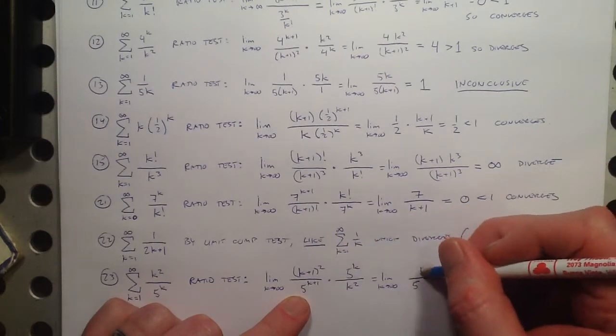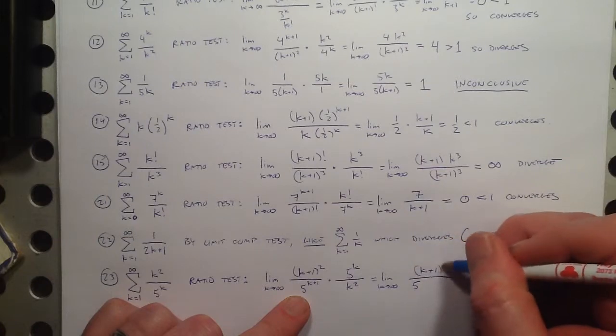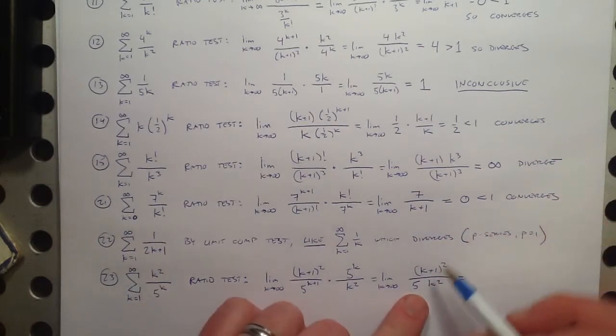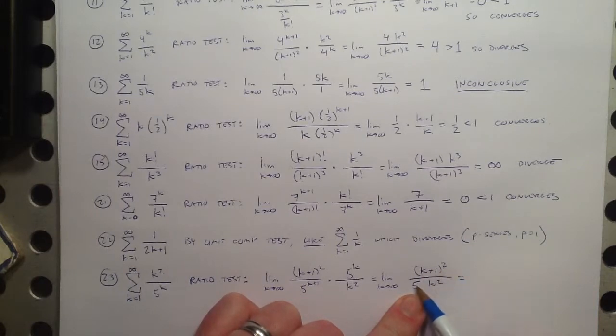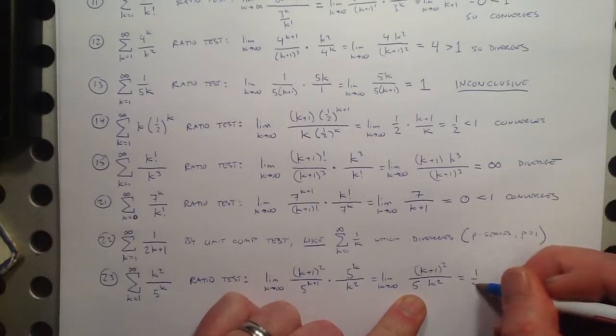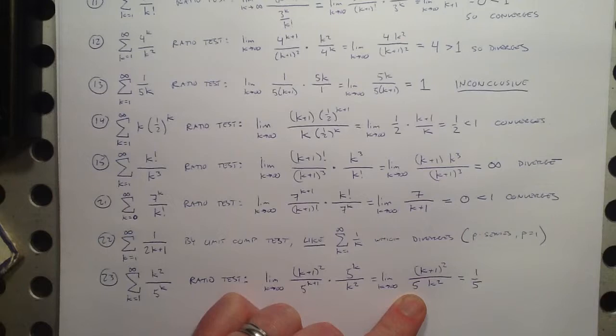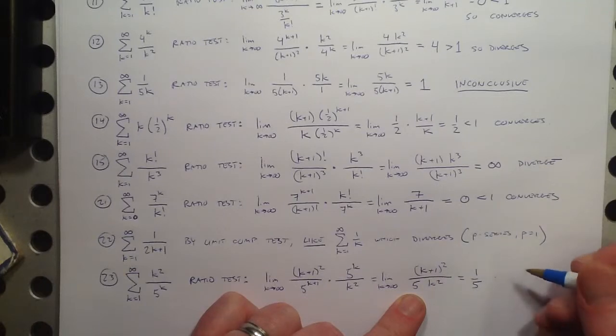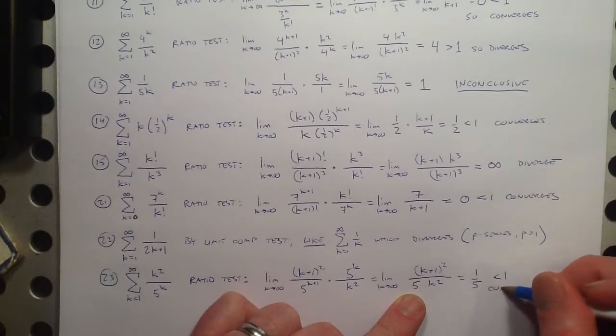And then I can't really cancel these, but I can look at the highest power top and bottom, so it's going to be a k squared on the top, 5k squared on the bottom. So that's 1/5. And that is less than 1. So this converges.